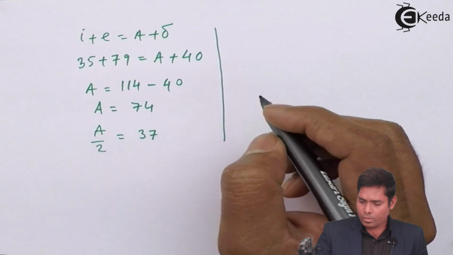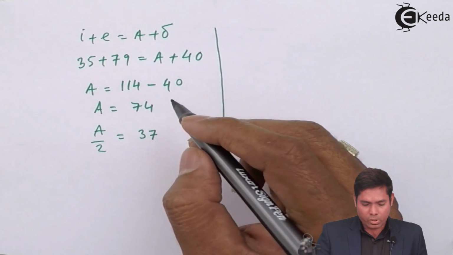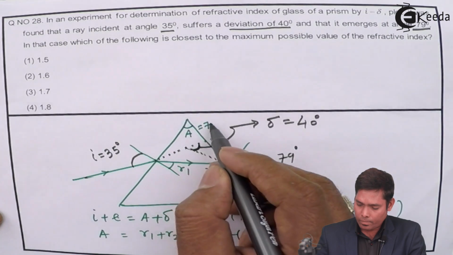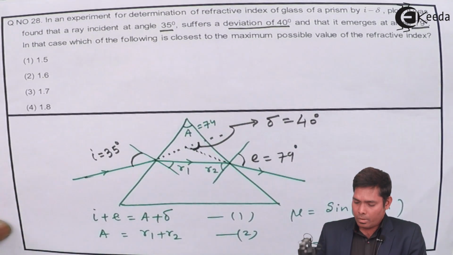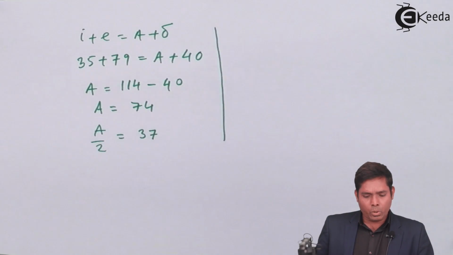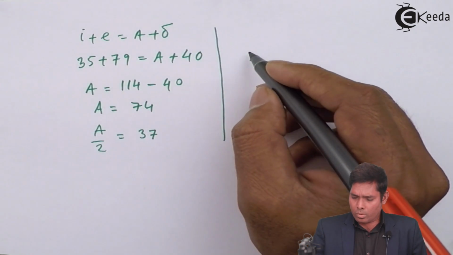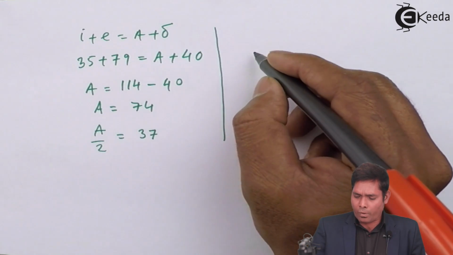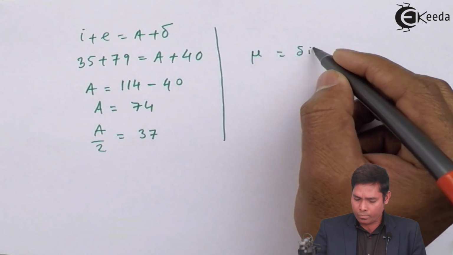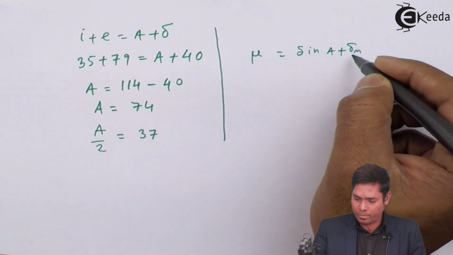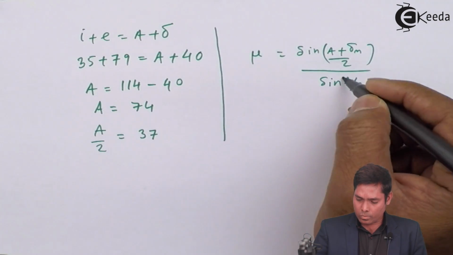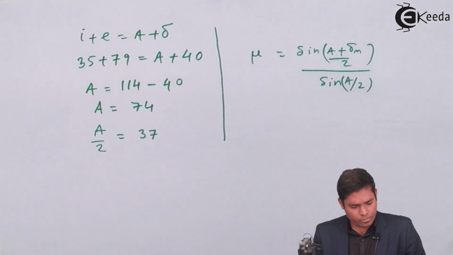Now A we got is 74. I can put this value of A as 74 here. Because we are interested in mu, in general, the mu value is sine of (A plus delta m) divided by 2, divided by sine of A by 2.